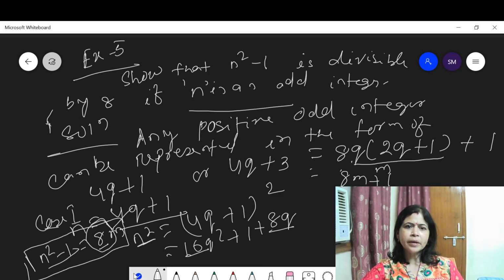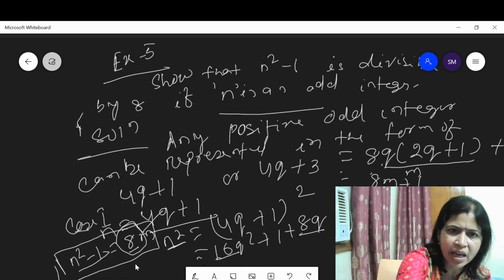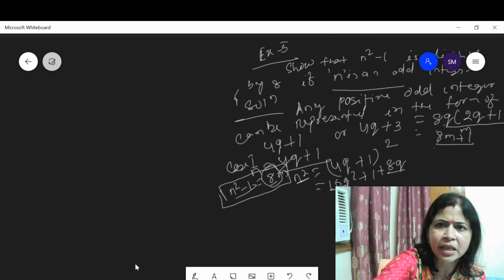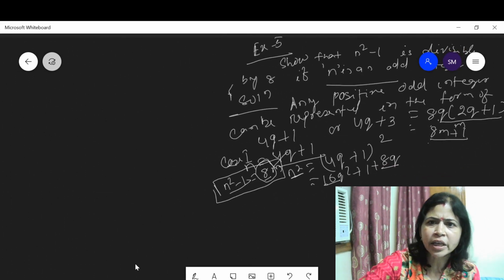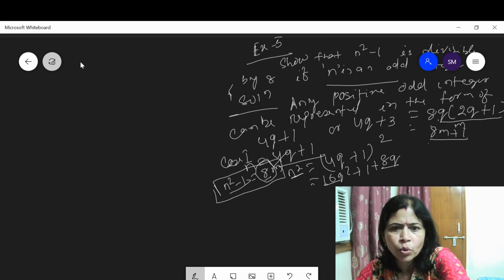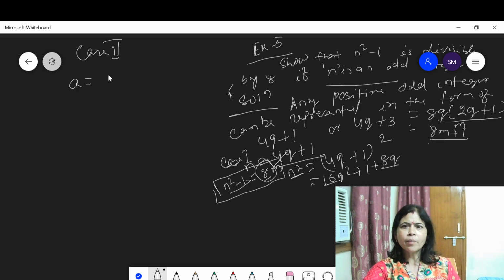Then take case 2. Case 2 says that a positive integer n can be represented in the form of 4q plus 3.